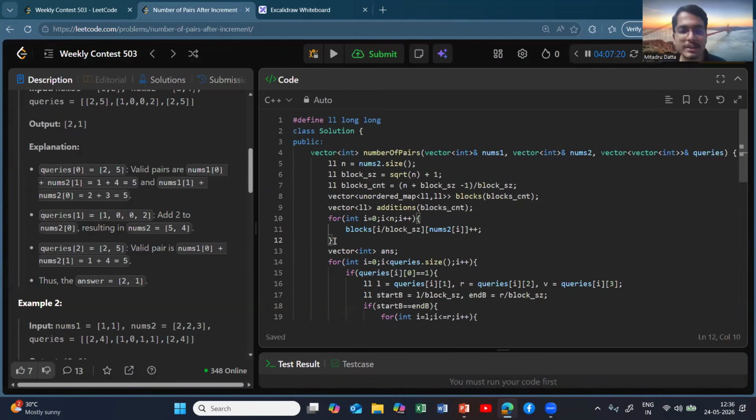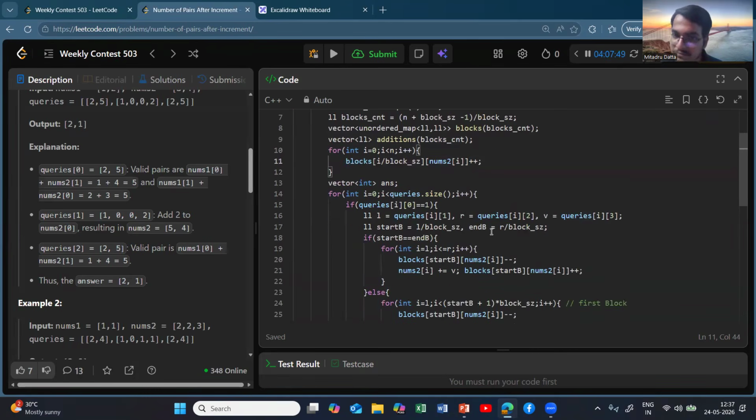At first, you iterate through all the numbers in nums2 and store every element by its block number. So i by block size gives you the block number. In block number 0, this element is present and its frequency is increased. In block number 1, or whatever block number comes, that particular element is present in that block and its frequency is increased. In this way, you can store all the frequencies.